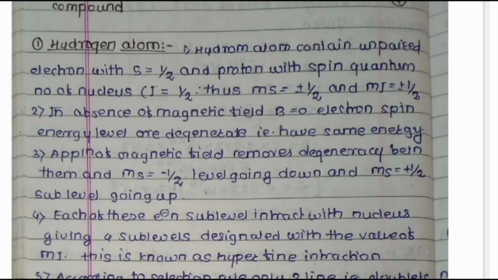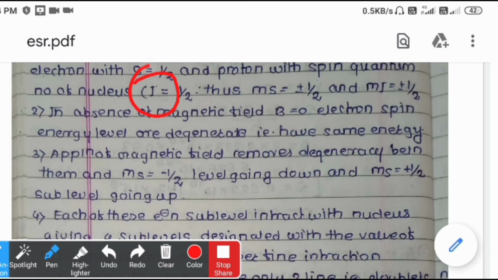The proton has a spin quantum number of the nucleus, which is represented by the letter I. For the spin quantum number of the electron we generally use the symbol S, and for the nucleus we use the capital letter I.